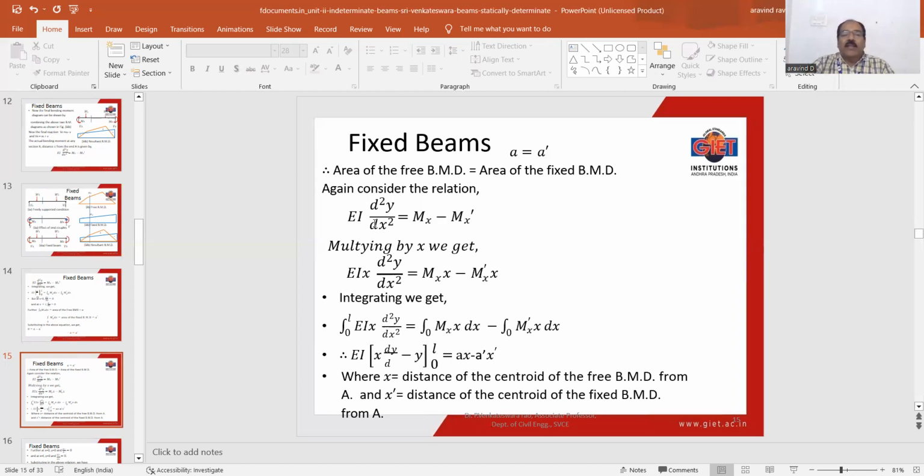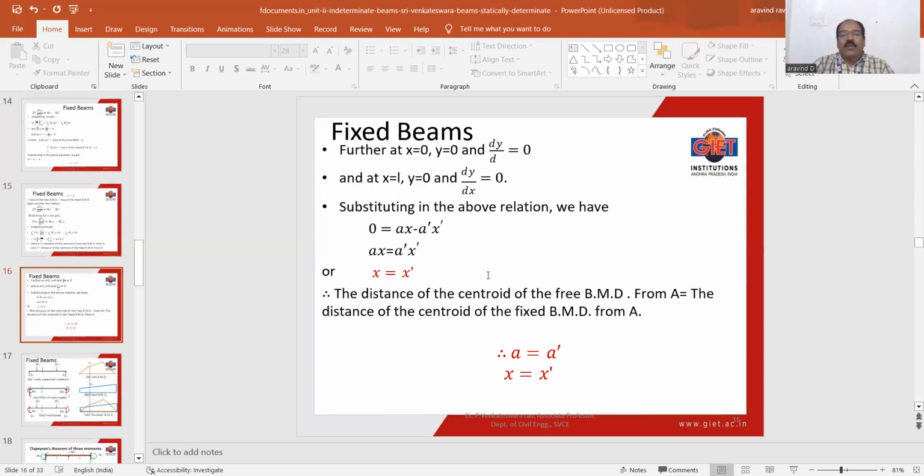Now let us multiply this equation by x on both sides, and by again integrating this equation and substituting the appropriate boundary conditions, we can develop another equation, x bar is equal to x bar dash, where x bar is the distance of the centroid of the free bending moment diagram from A, and x bar dash is the distance of the centroid of the fixed bending moment diagram from end A.